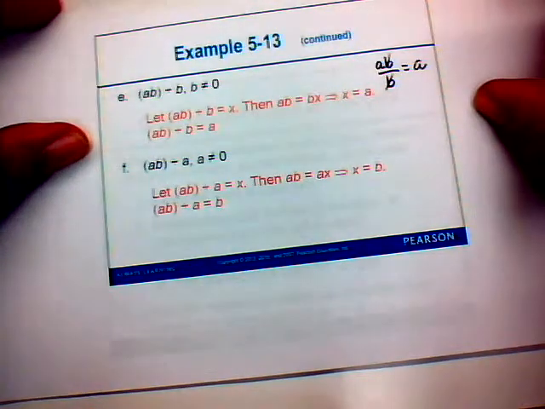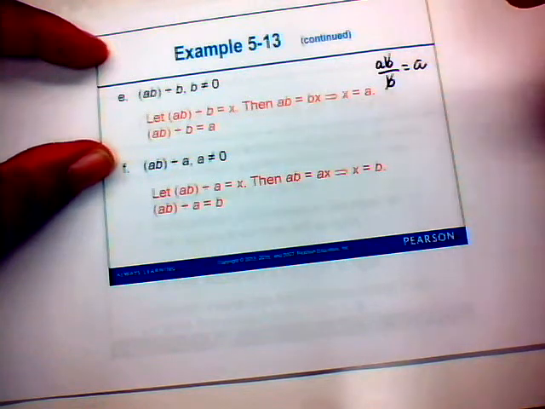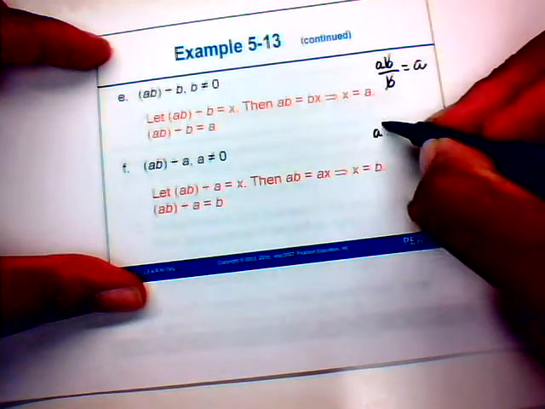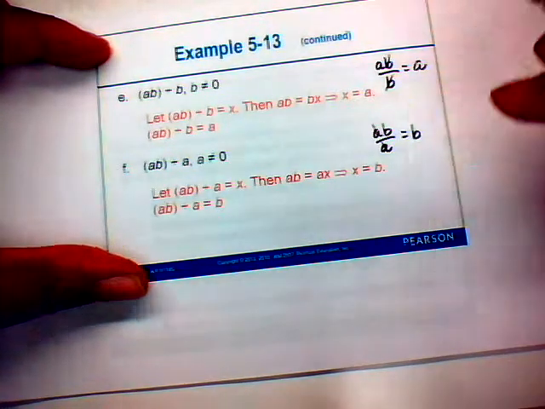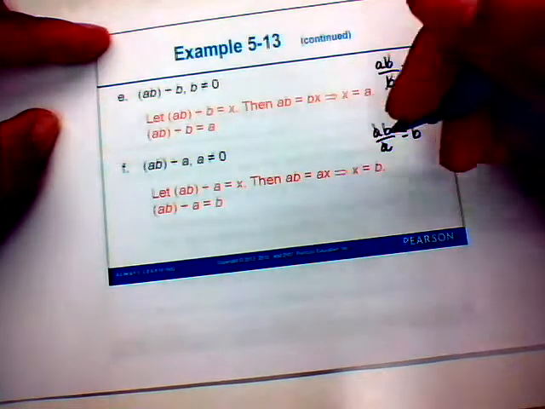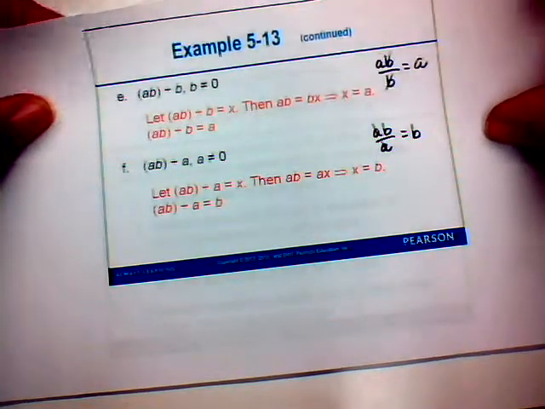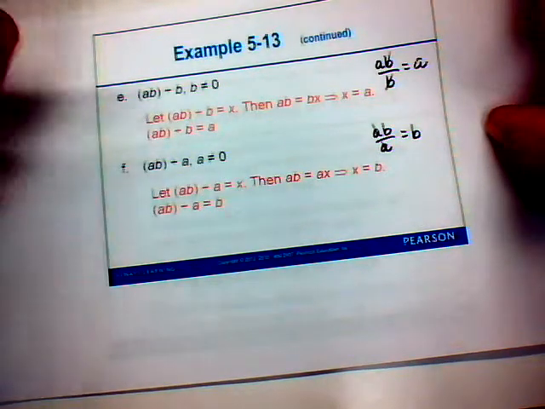And you're just going to be left with A. And the same thing with AB divided by A. I can write it like this and divide out the A's. As long as A is not equal to 0, I'm allowed to do that. And I'll be left with just B. Which means AB divided by A is going to be B.